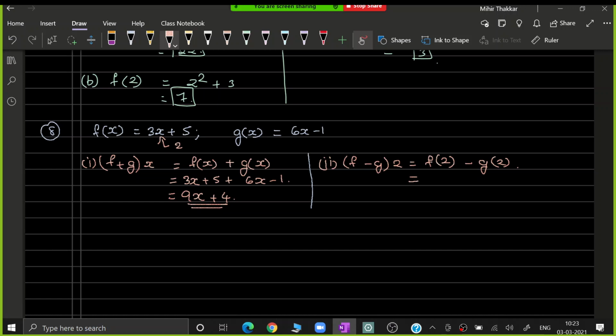In order to find the value of g of 2, I will replace this value of x by 2 in g(x) also. So, this will become 3 times 2 plus 5, that is your first function, minus 6 times 2 minus 1. Open the brackets: 6 plus 5 minus 12 minus 1. 6 and 5 is going to be actually 11. So 11 minus 11 giving us the answer as 0.